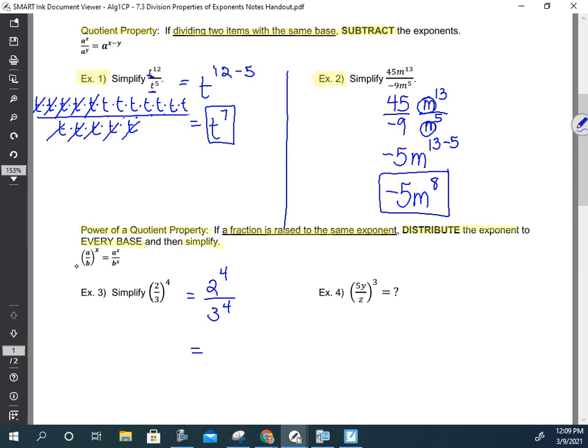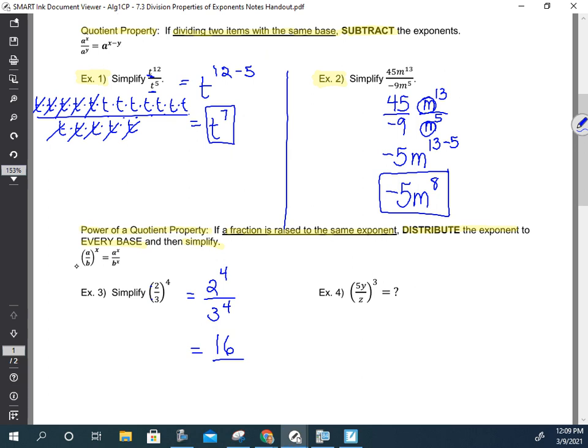So 2 to the 4th power is 16: 2 times 2 times 2 times 2. What's 3 to the 4th power? Wait, you did it 5 times.